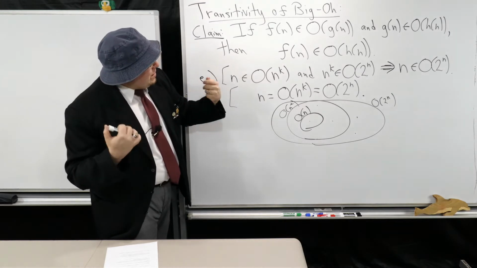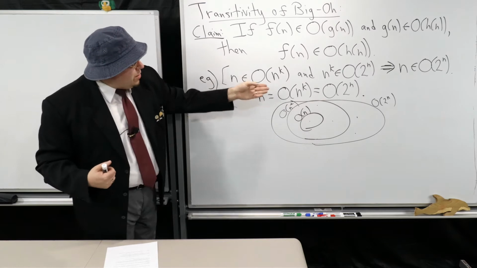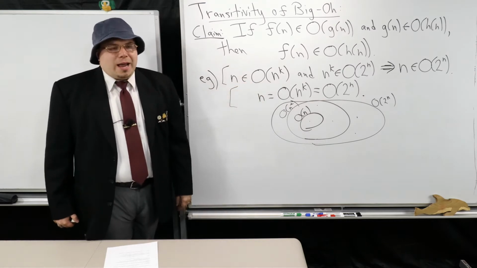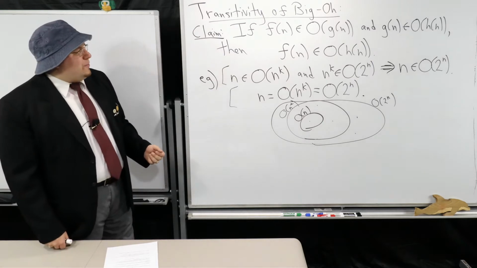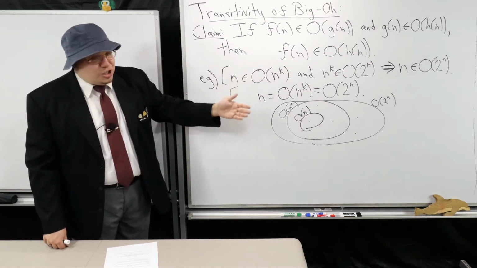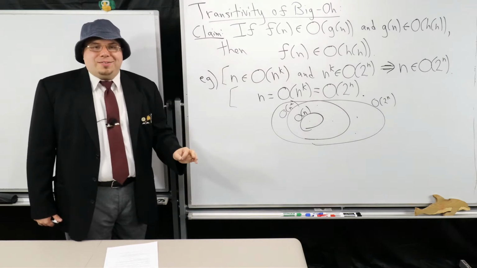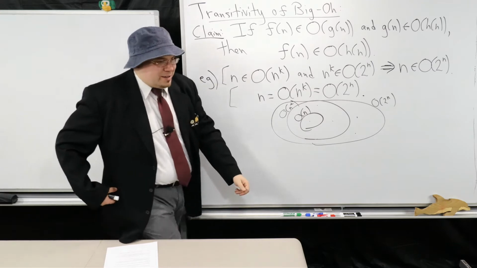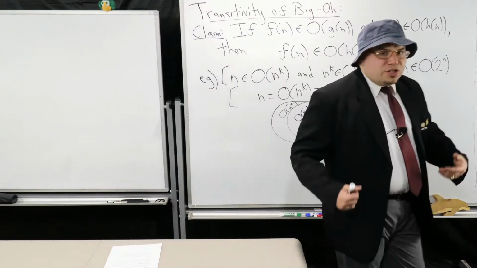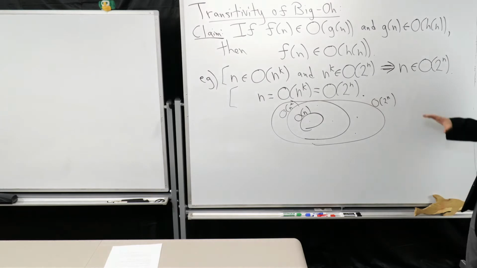So if I know as a given that n is big O of n to the power of k, and I already know any polynomial is big O of 2 to the power of n, I can make this immediate jump. And this is because of transitivity. So this is not a property you should take lightly. It's a nice shortcut. If you know that big O is transitive, you can make these kinds of jumps. This is a pretty handy thing to know and be aware of.